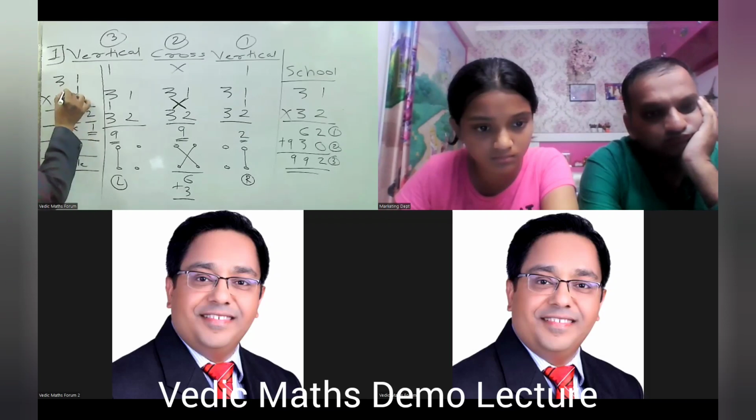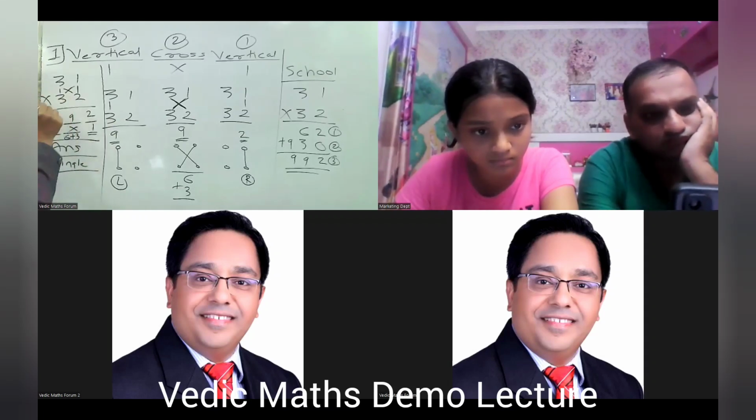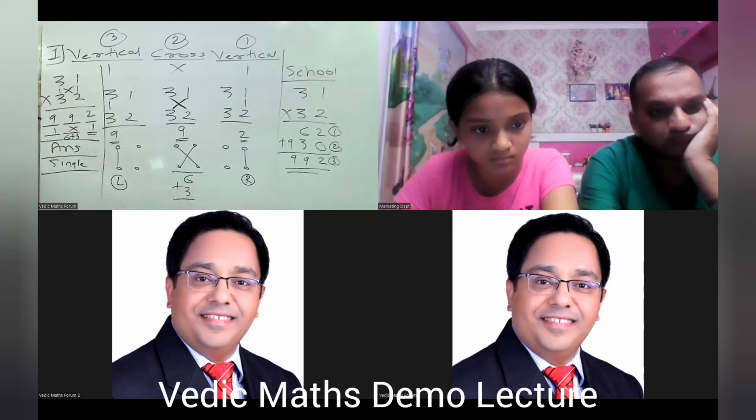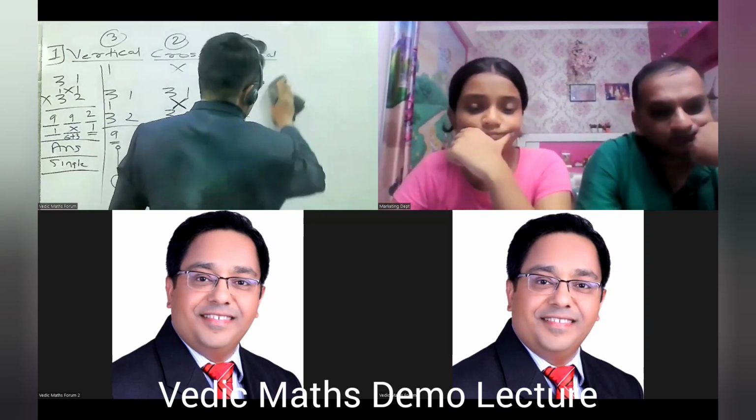For the middle part, apply the cross formula. So 3 twos are 6, 3 ones are 3. 6 plus 3 is 9. And the last part, multiply 3 by 3, that is 9. So 992 is the answer. Let's solve one more example here to understand this concept.